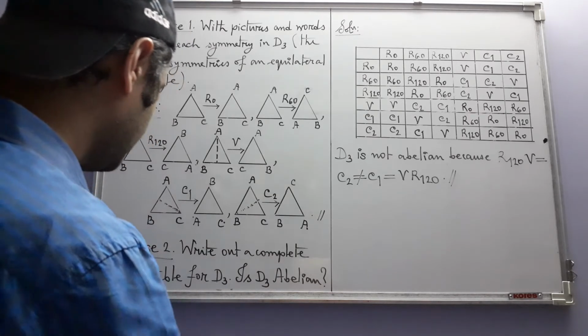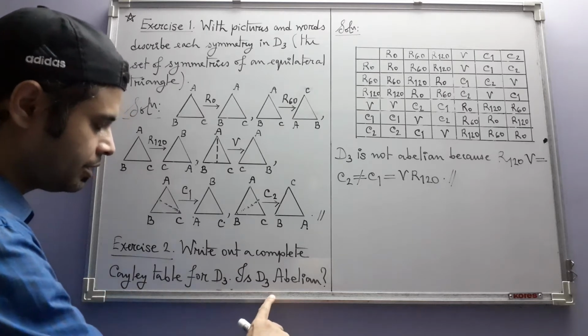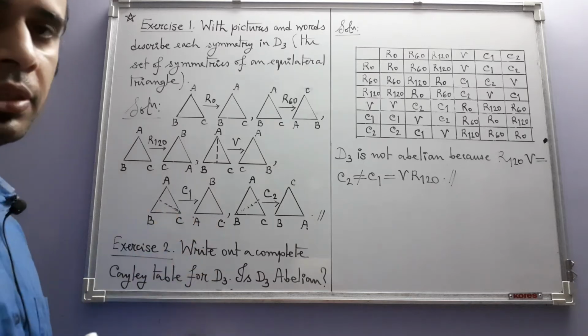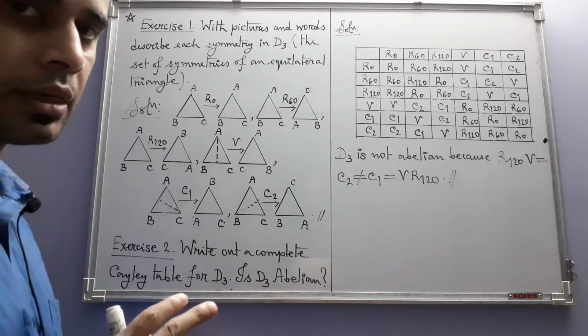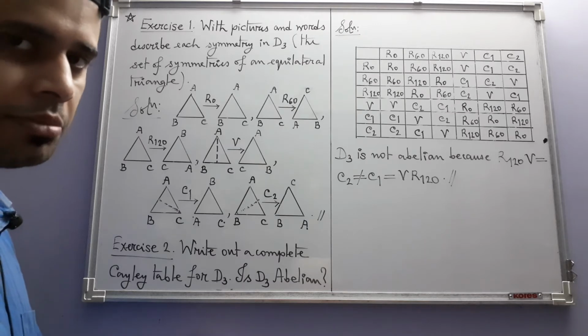In the next one, in exercise 2, we have been asked to write out the complete Cayley table for D3, which is a table that will encode information about compositions of these transformations or symmetries.